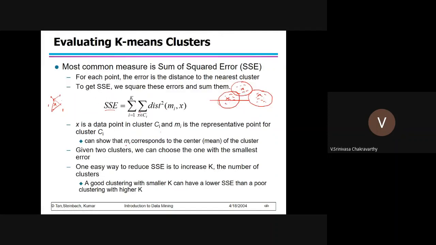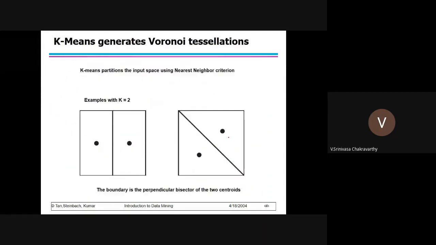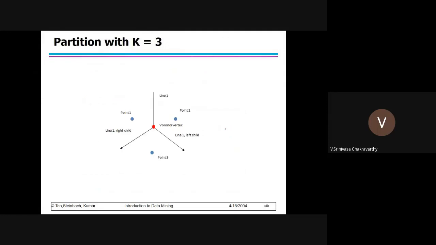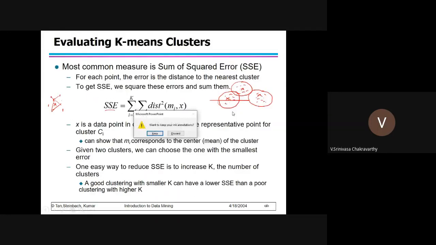And we can show that m_i corresponds to the center of the cluster. So you know this result, right? Let me just show one small thing.